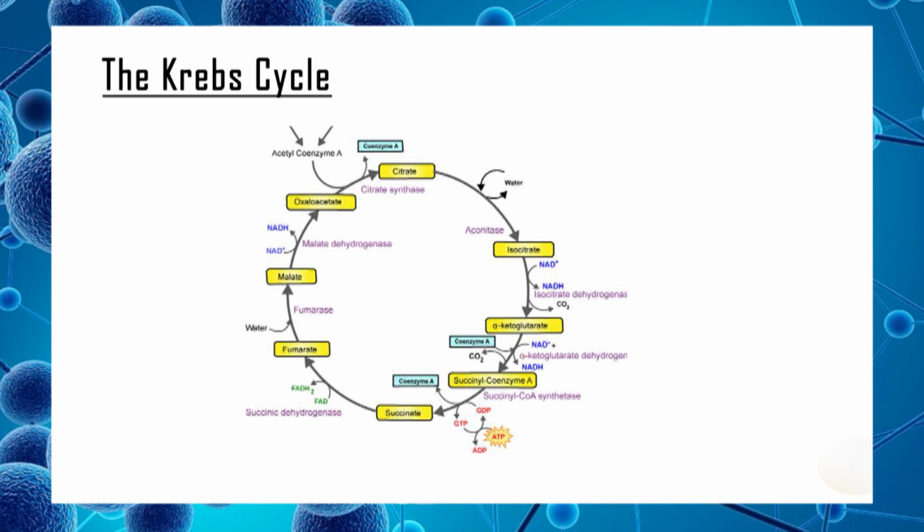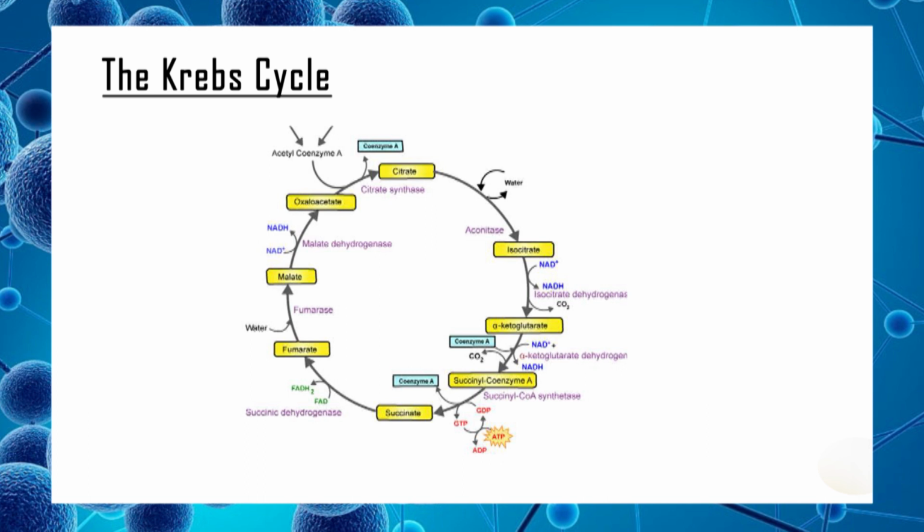Citric acid is then broken down to 5 carbon, then 4 carbon, and more carbon dioxide is released. Along the way, more NADH and FADH2 form. One molecule of ATP is also made.